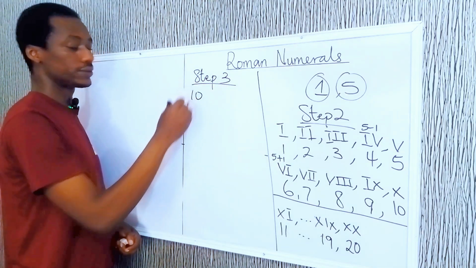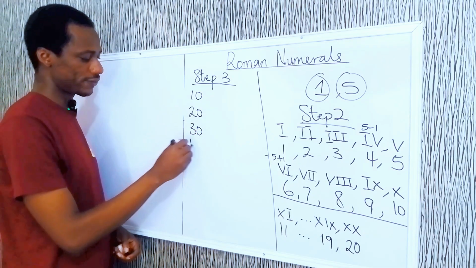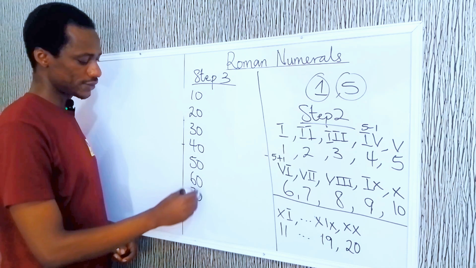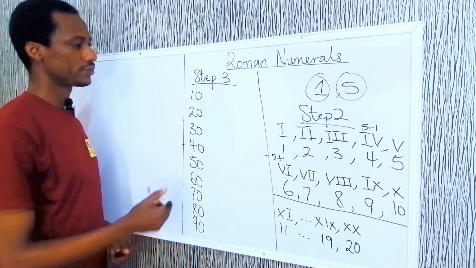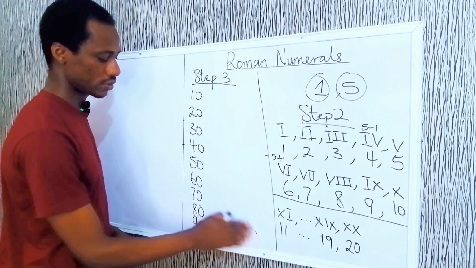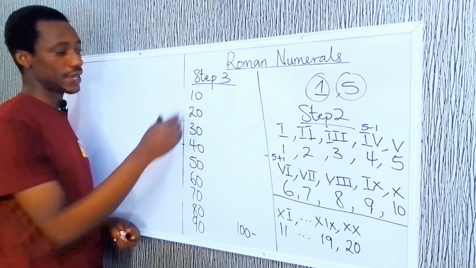So this is 10, right? 20, 30, let's go together. 40, 50, 60, 70, 80, 90. Okay, we already wrote 100, but I could write it here. Let's say 100. So what is 10?